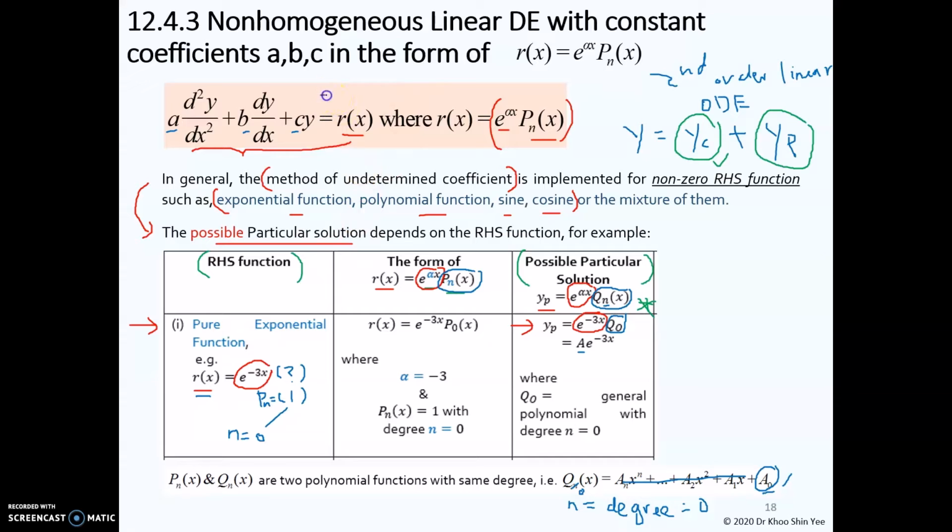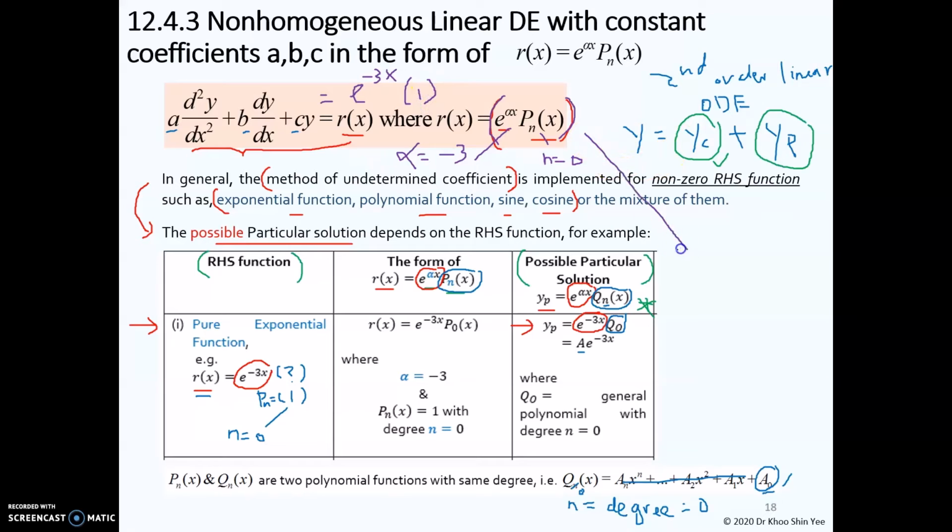In this case, the right side function is equal to exponential negative 3x. When you compare to this format, your alpha is equal to negative 3 and your n degree is equal to 0 because you have constant 1 here.